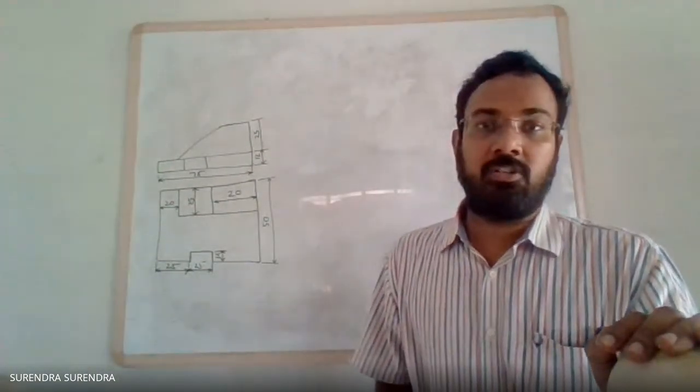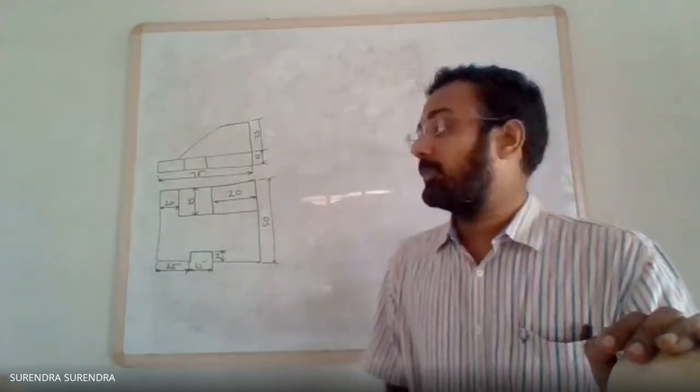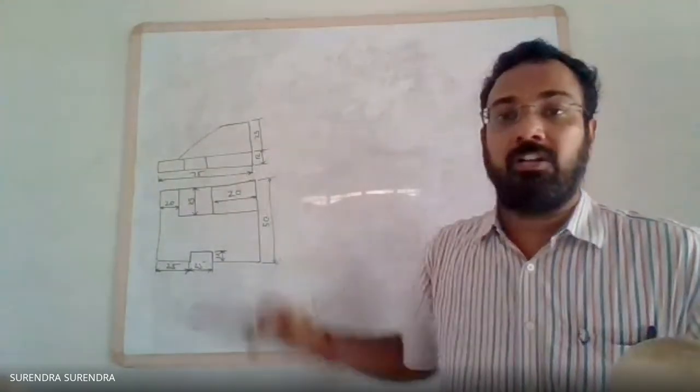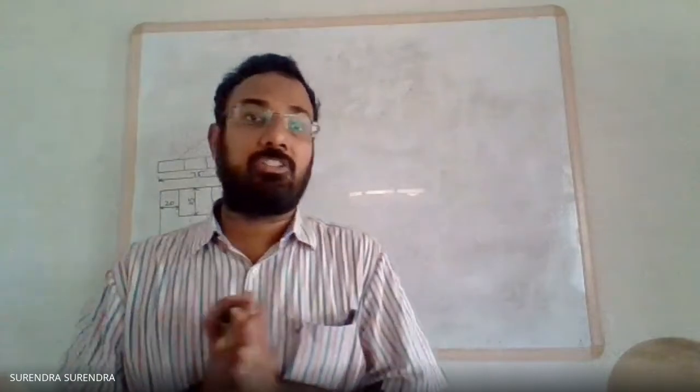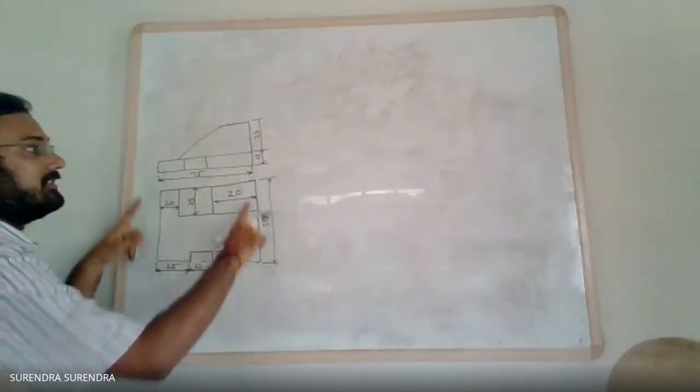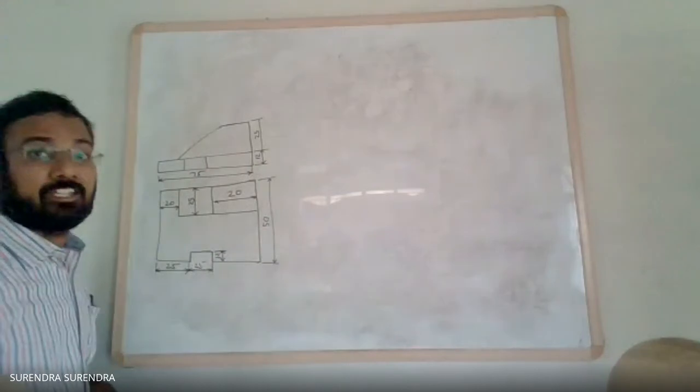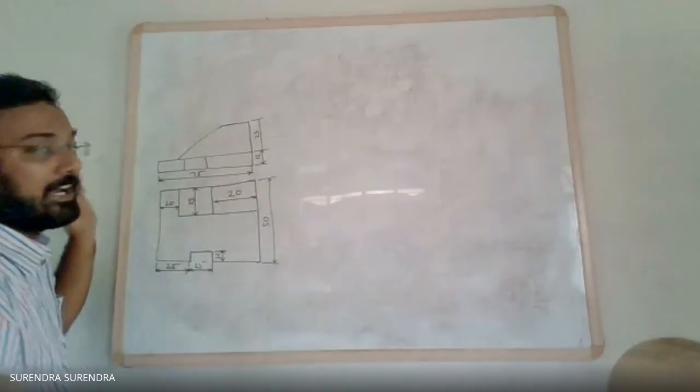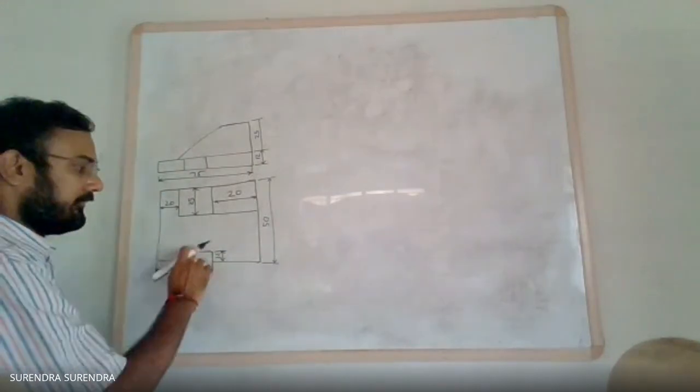So for this, we have to complete the front view, top view, and isometric view from the given front view and top view. First, let us draw the base. Base width 75 mm, depth 50 mm, and height 12 mm with a groove.